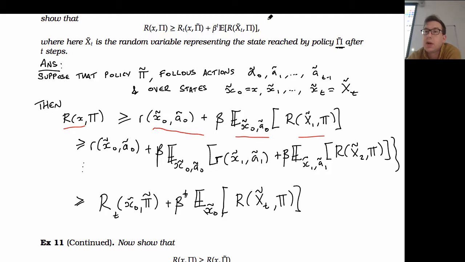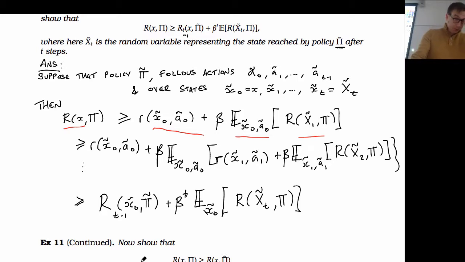Okay, so as required. I'm just thinking to myself, I'm not sure if I need a t plus 1 on here or not. I need to double check that. I'll check that later. Anyway, maybe it needs to be t minus 1 on here. Yes, this needs to be t minus 1 on here, and I should probably do a t minus 1 here. Okay, thanks.